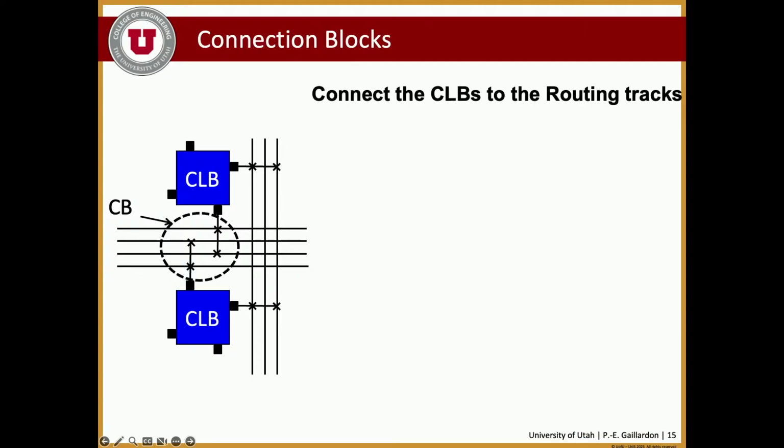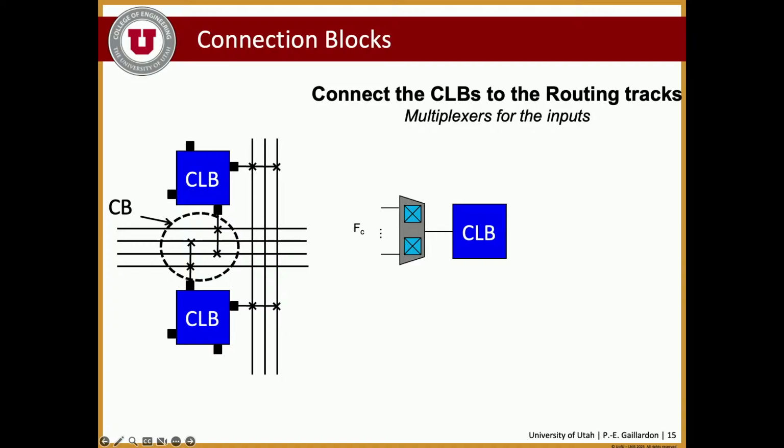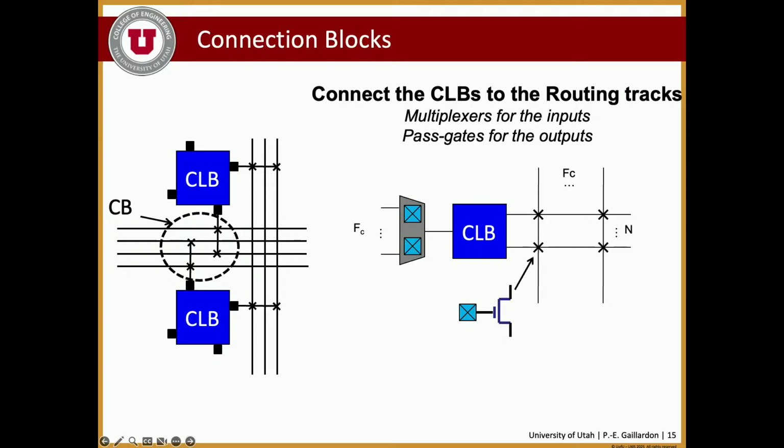Now, one item that we have not really talked about just yet, that's this notion of connection blocks, right? So whatever connects the routing tracks to the CLBs, again, a bunch of multiplexers configured with, again, memory, right? And the whole idea and the whole trick, once again, will be to identify how much of this connection do you need to the routing tracks.